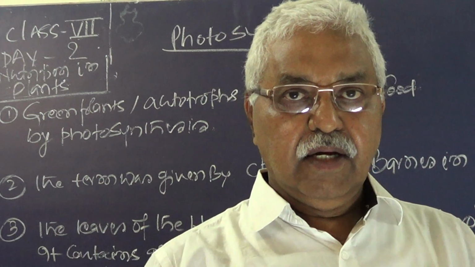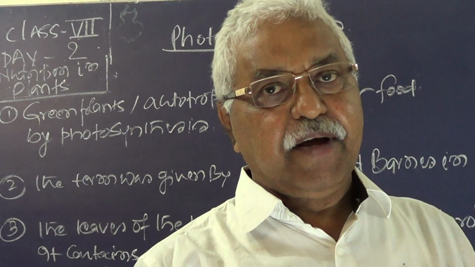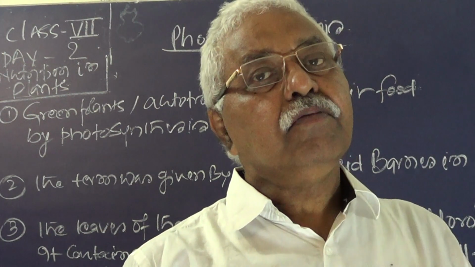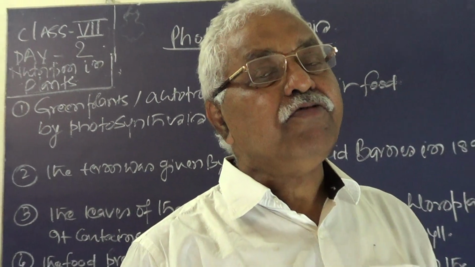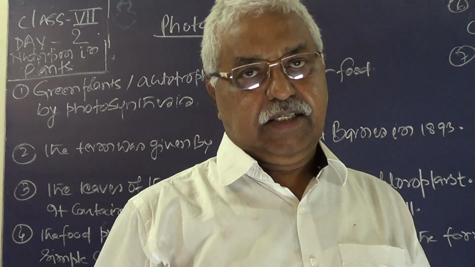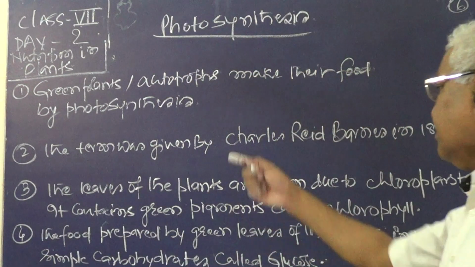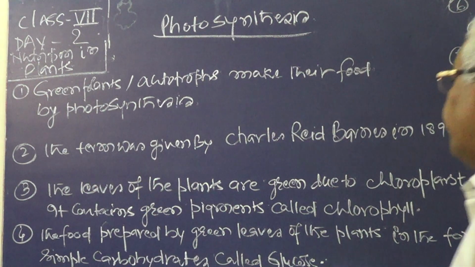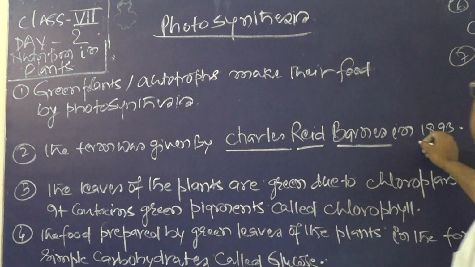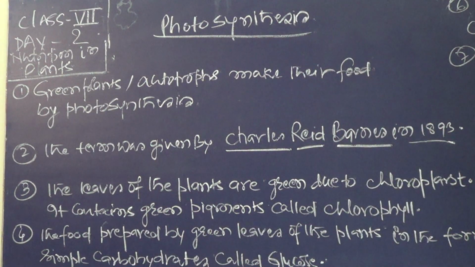So with the help of sunlight, the plant prepares its food, built by the use of sun. The term photosynthesis was given by Charles Reid Barnes in 1893.